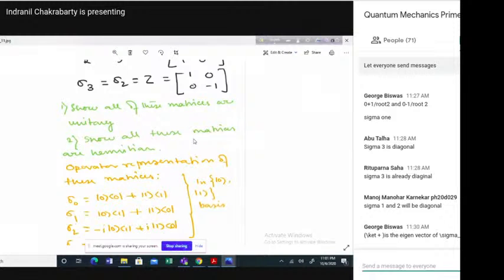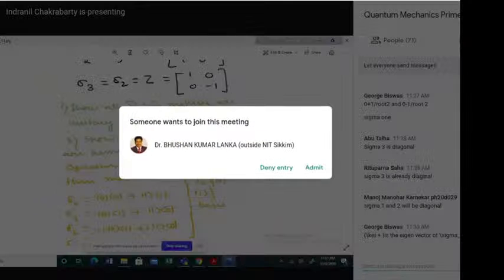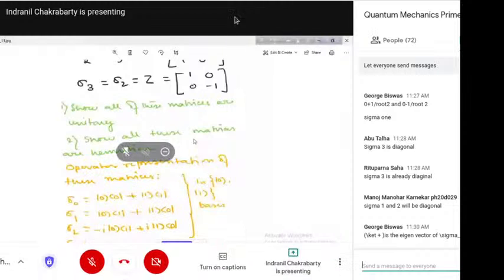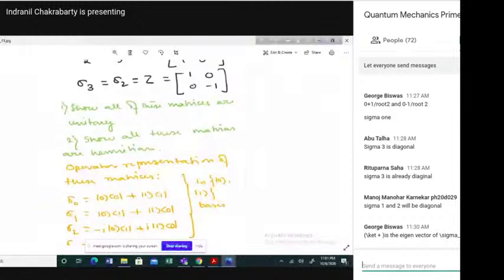I think sigma 1 is diagonal in real space and sigma 2 is diagonal in complex space. Okay, so what is that space? At least tell me for sigma 1.